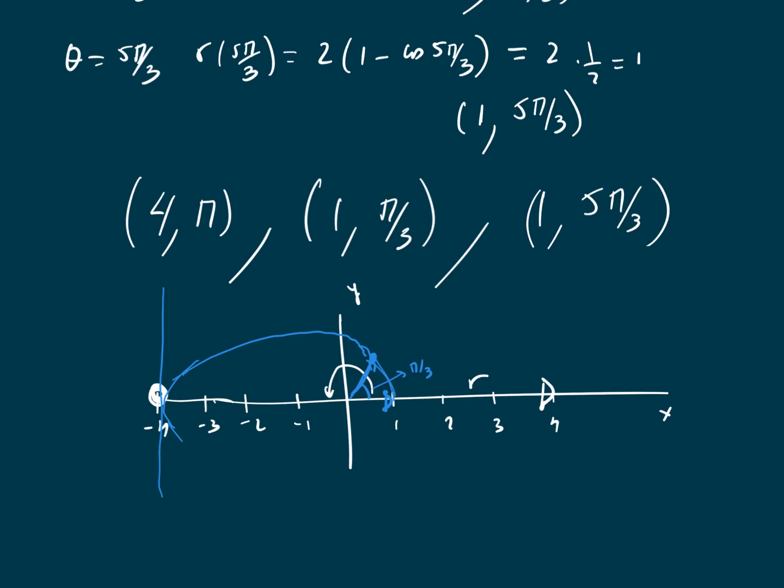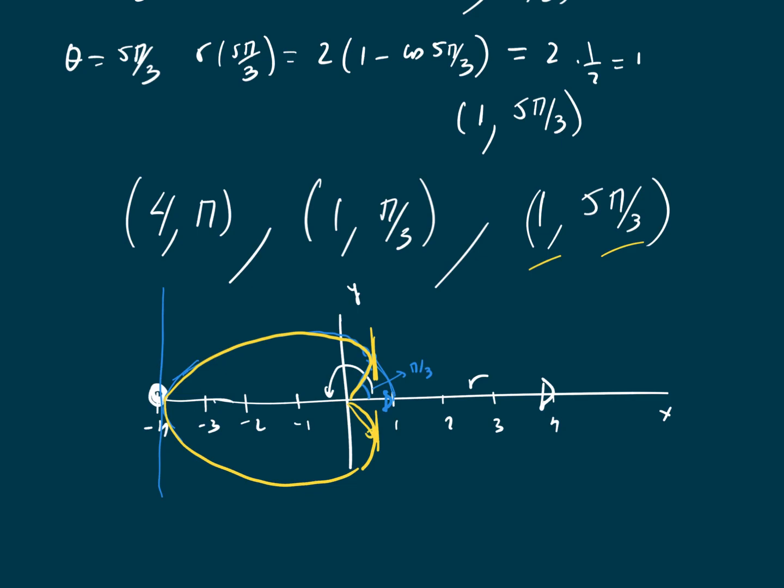Okay, let me put it in yellow. So at this point, they have a vertical tangent. And the other point is 5 pi divided by 3. When you go 5 pi divided by 3, it is here.